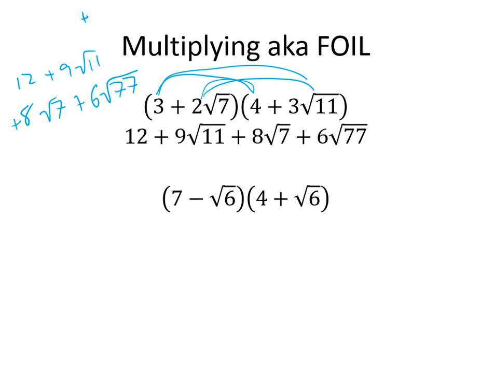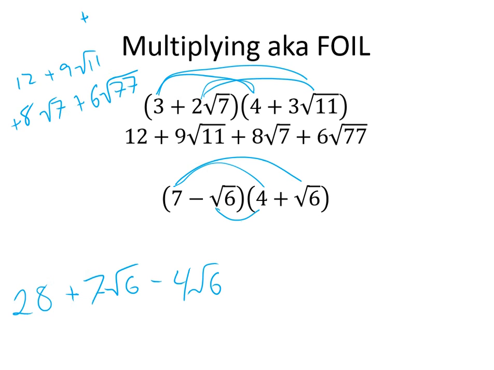All right, now we look at the next one. 7 times 4, 28. 7 times root 6 would be 7 root 6. Negative root 6 times 4 would be negative 4 root 6. And negative root 6 times negative root 6 would be negative root 36, which is 6.